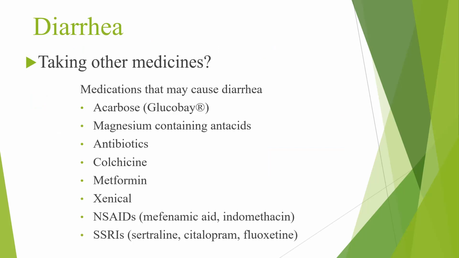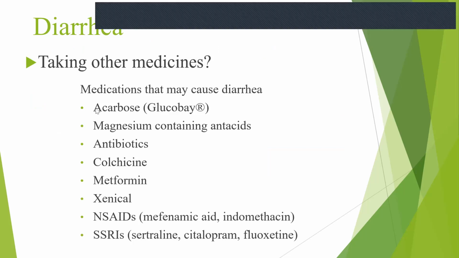So the first you have to ask some questions. Are they taking any other medication? The first one, like Acarbose. Okay. This medication can cause diarrhea. Magnesium antacid can cause diarrhea. Antibiotic can cause diarrhea. Colchicine can cause diarrhea.